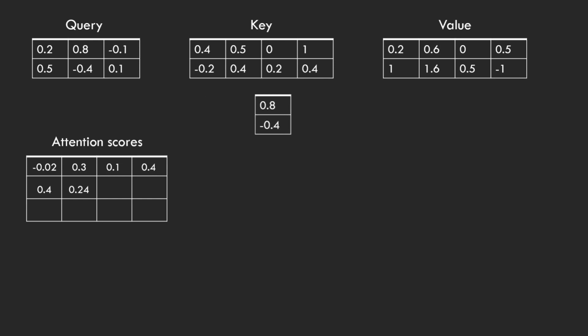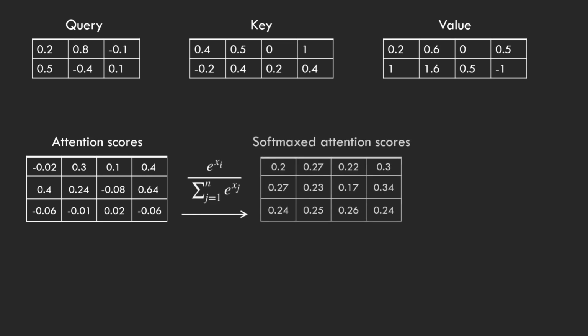Dot products can be used as they are generally larger for more similar vectors. If we do this for all possible pairs, we get attention scores between each query key pair. Then we apply the softmax function to every row of this attention matrix, producing normalized scores that sum to 1. This essentially represents the attention distribution for each query over all key value pairs.